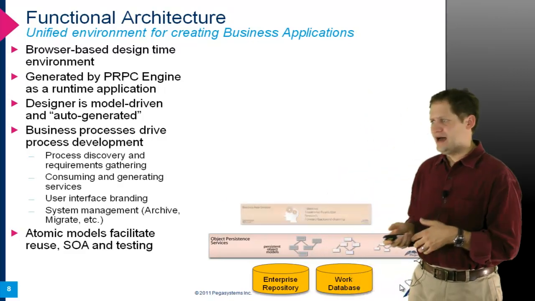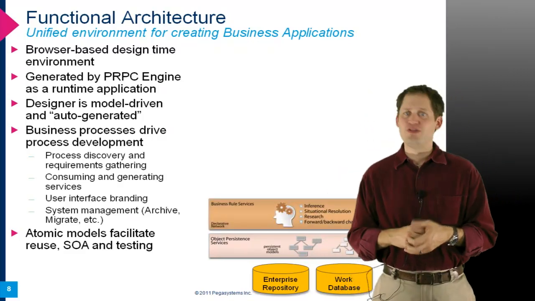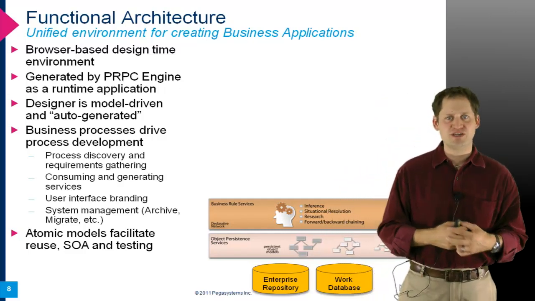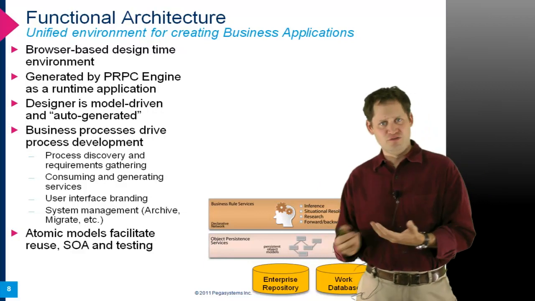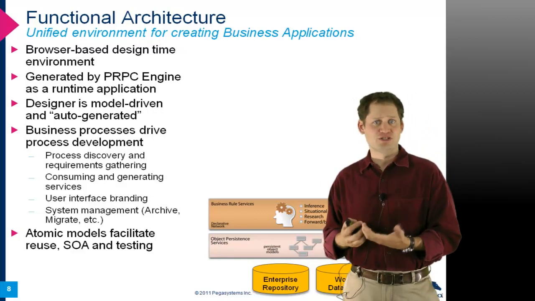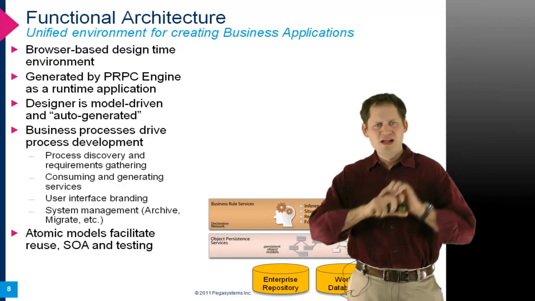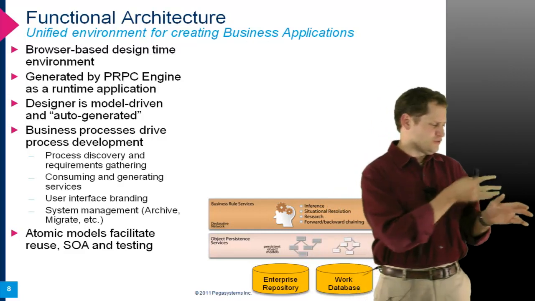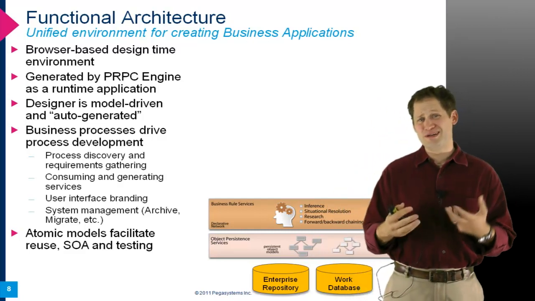The next layer up from that is the business rule services. So this is the ability to define business rules like decision tables and decision trees, to define the execution of business rules, etc. In our latest release, thanks to the acquisition of decisioning technology from Chordiant, that business rules layer has expanded to include not just traditional decision tables and trees, but also predictive models.